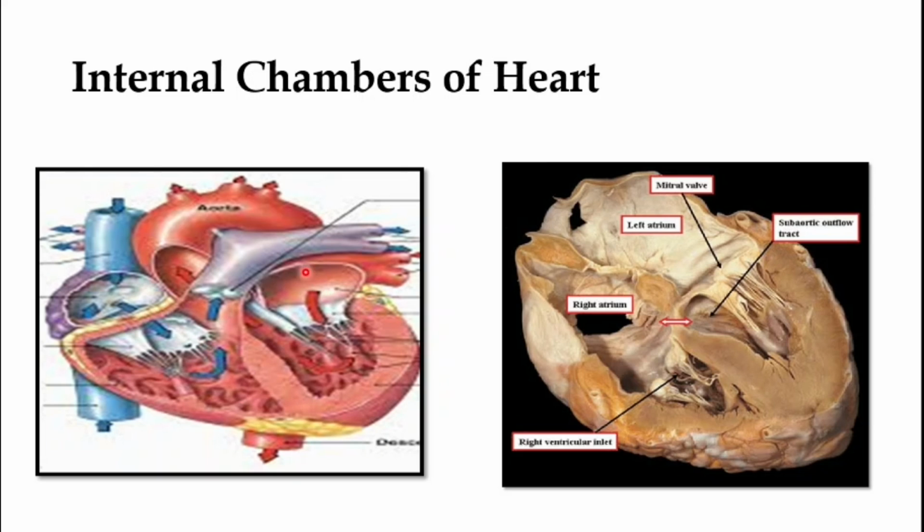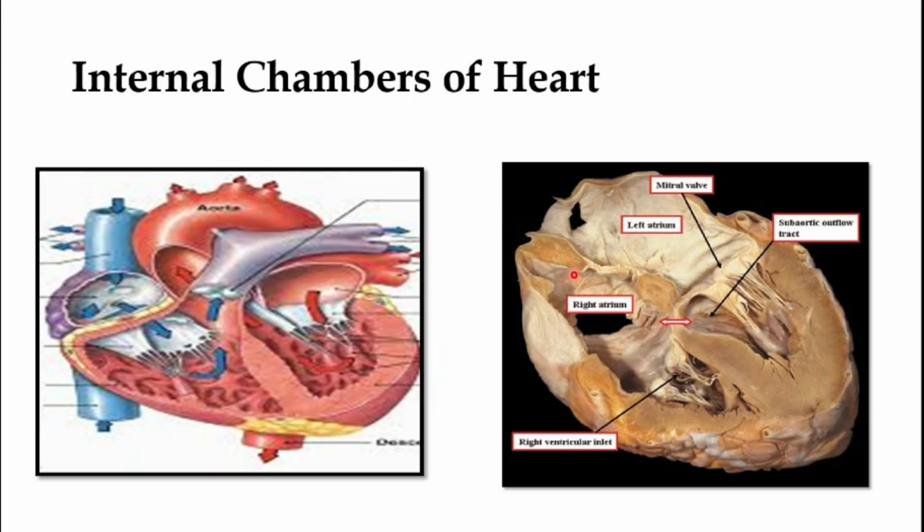So you can see this is the heart, and we have cut the heart and removed the anterior portion of the heart, and the surface which you are seeing is the posterior portion of the heart. And in the posterior portion of the heart, you can see we have the different chambers.